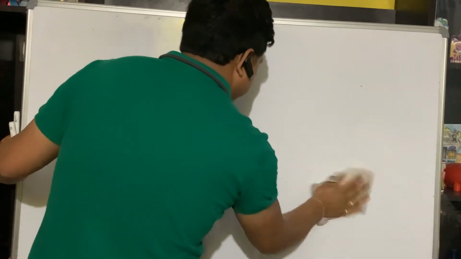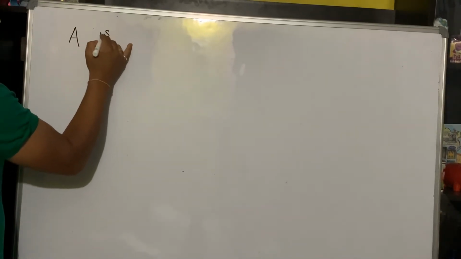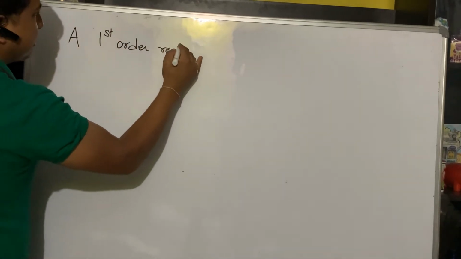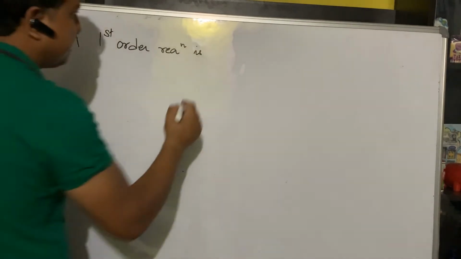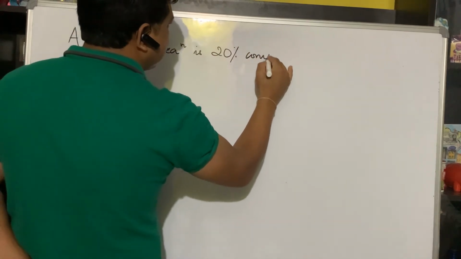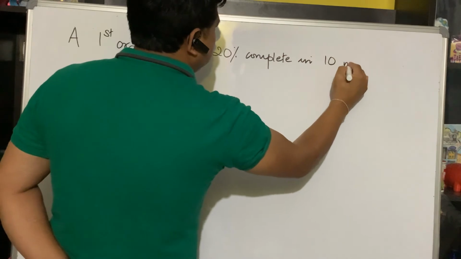So let me select a few problems. So the first problem is given like this. A first order reaction is 20% complete in 10 minutes.